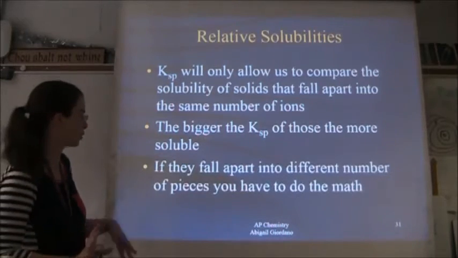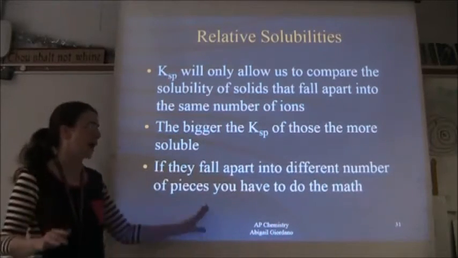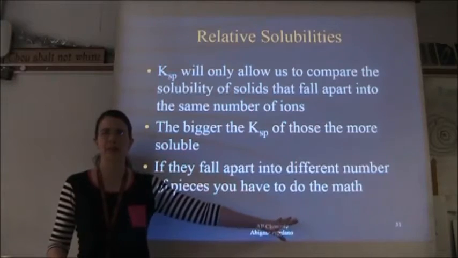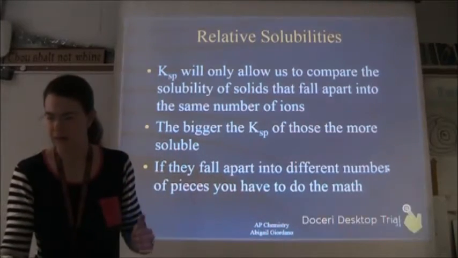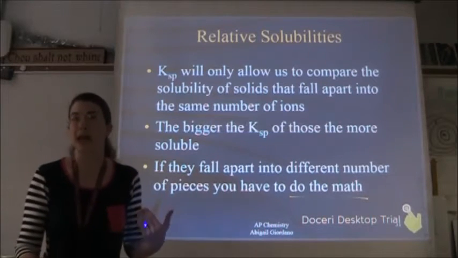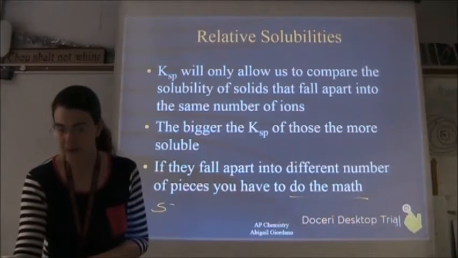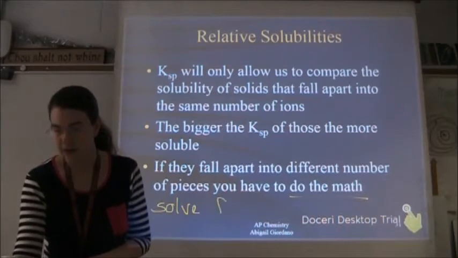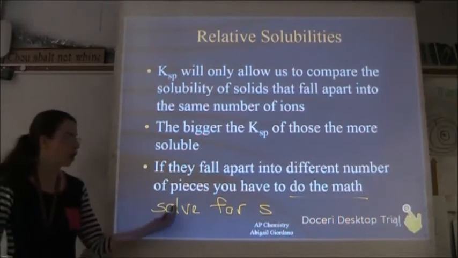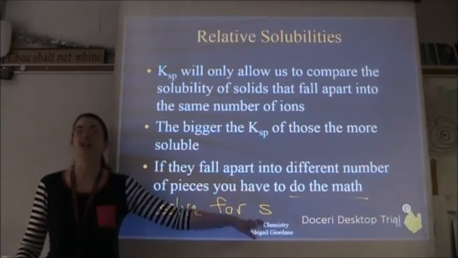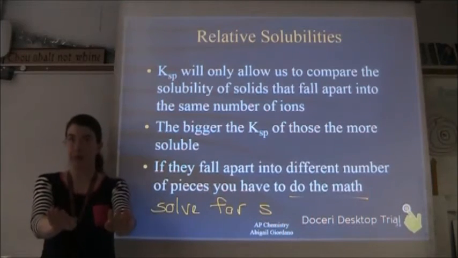I have this very cryptic phrase here: you have to do the math. What does that mean? Do the math means solve for the solubility. Solve for S and compare those numbers.